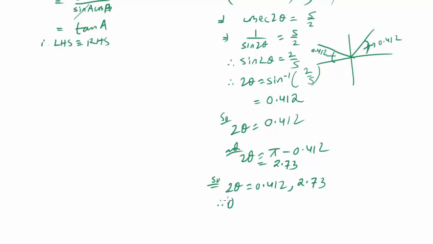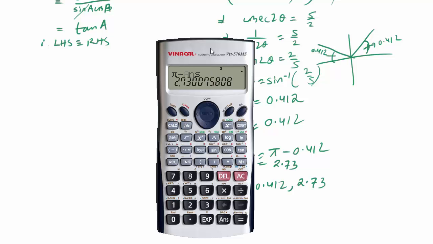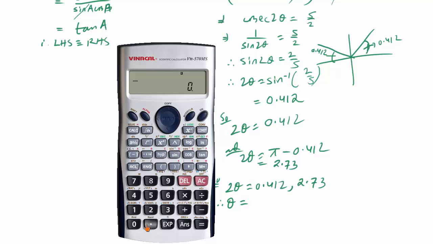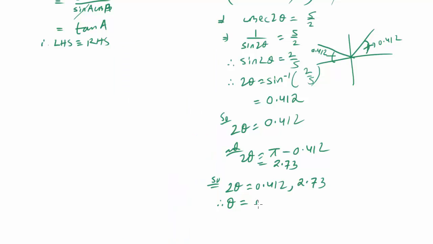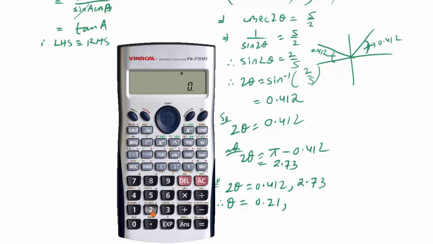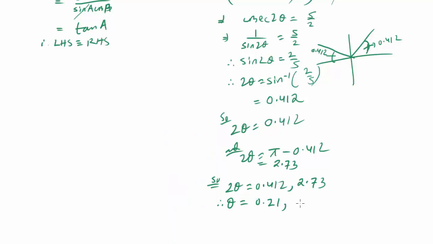Let's check whether our values are within that range. 0.412 divided by 2 is 0.206, that means 0.21, and 2.73 divided by 2 is going to be 1.37, so that's good enough.